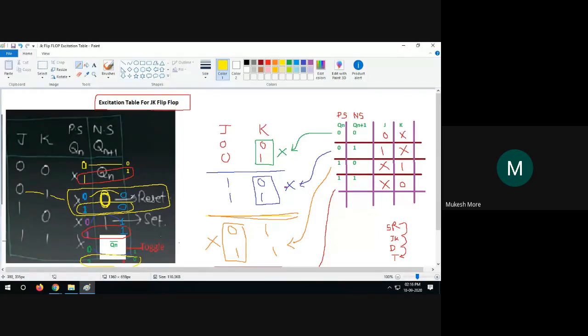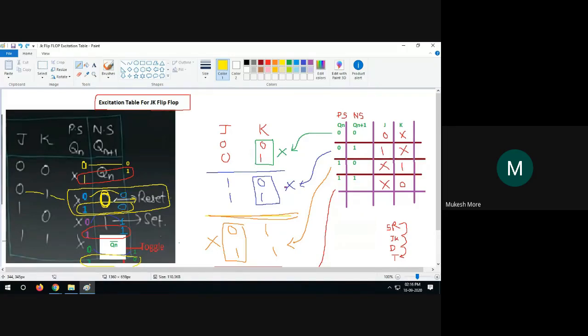So it means the flip-flop is in a reset condition. Okay. So I am writing here: when present state is 0, next state is 0, because we are just getting next state equal to 0.